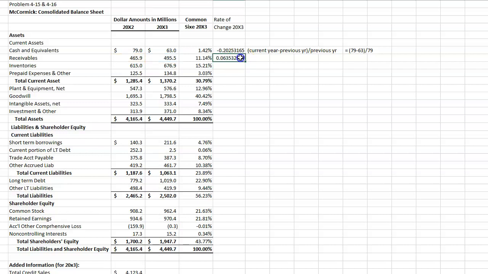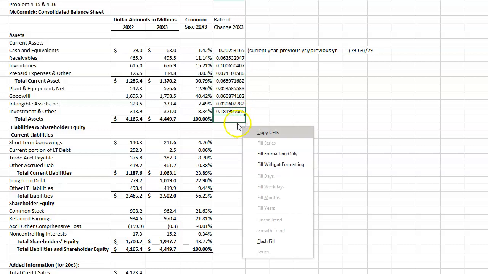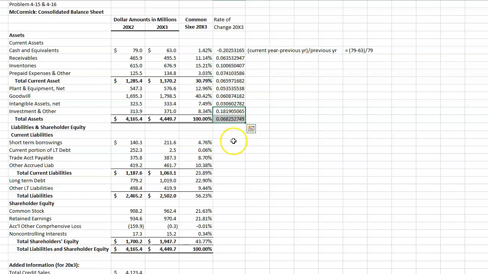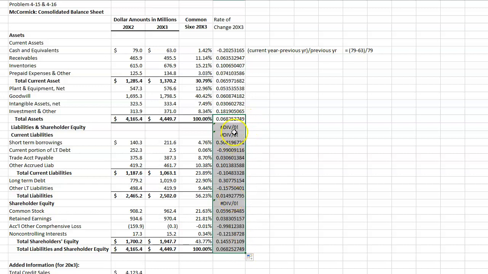Now, once you have that going, you could actually just copy it down. You can even go all the way down with it. And then these have an error message because there's no numbers there, so you can just delete those out.